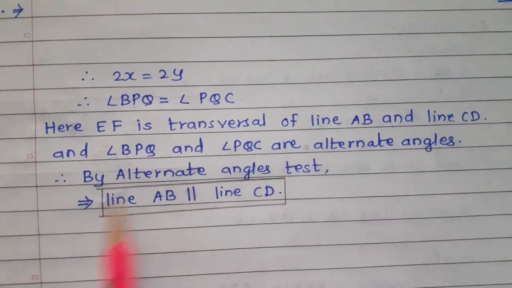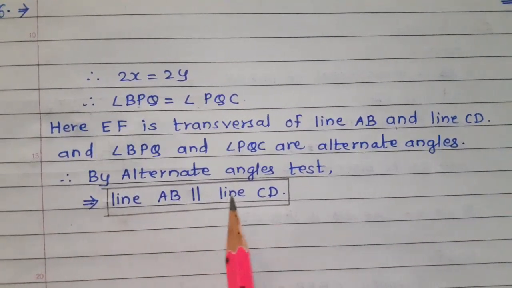Therefore by the alternate angle test we have line AB parallel to line CD.